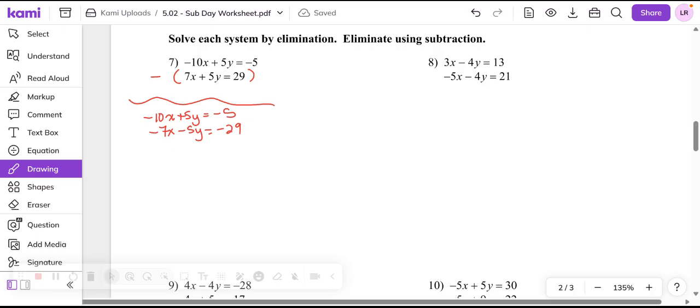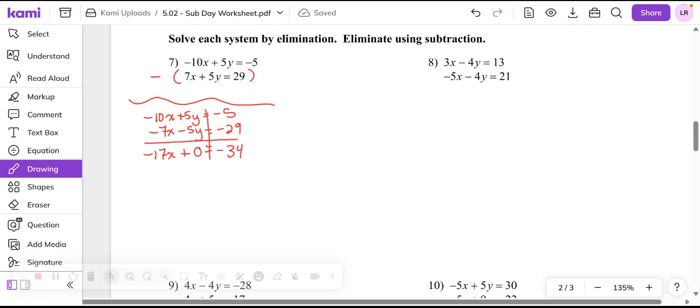Now, the only reason why you do that is because I have an easier time doing these problems when I can just combine them. So now, notice I have opposites. I can go ahead and combine these. This is going to be negative 17x when I do that subtraction. That's going to be 0. And that one's going to be negative 34.